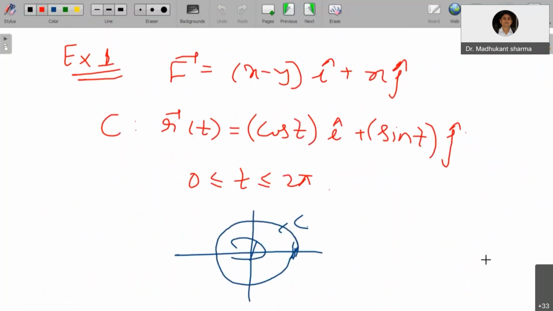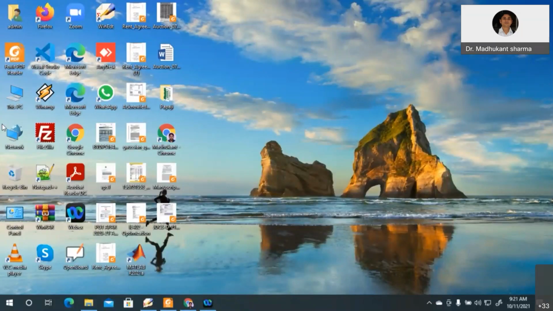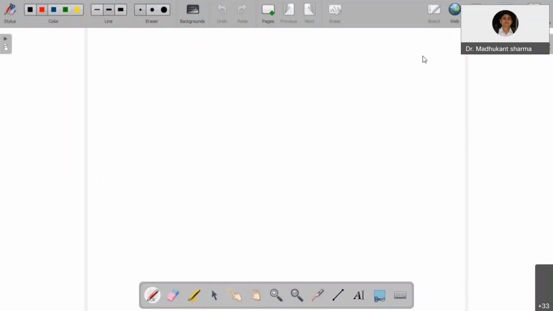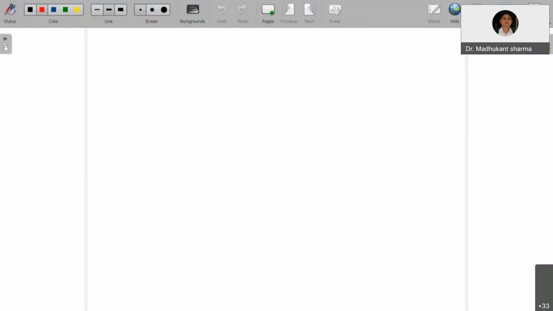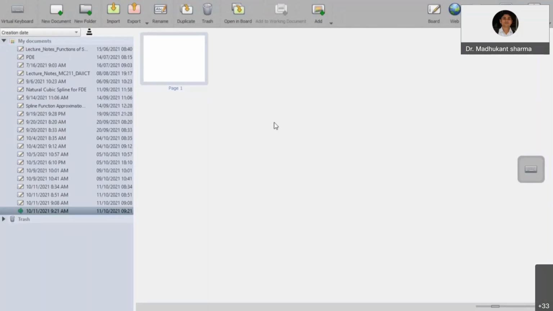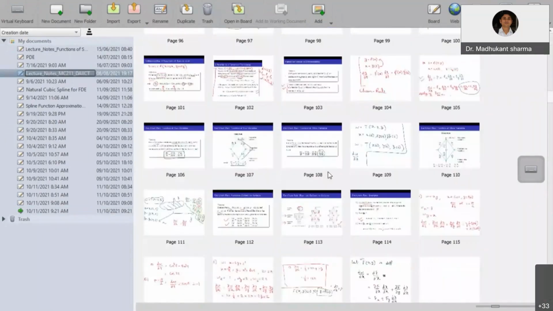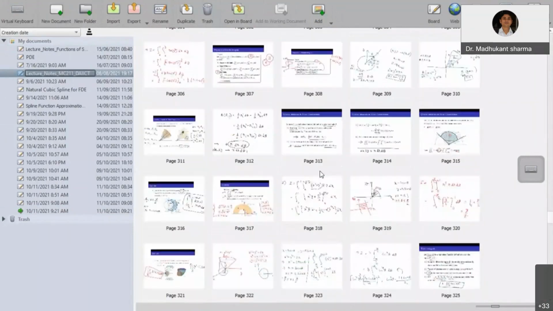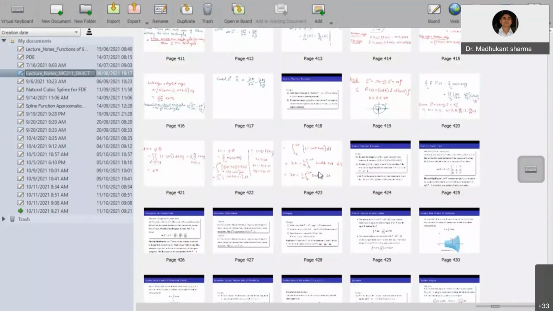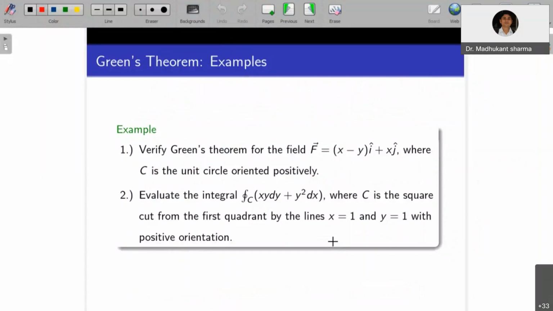Now, let's see another example. You have to evaluate the following integral, where C is the square cut from the first quadrant by the lines x equals 1 and y equals 1 with positive orientation.